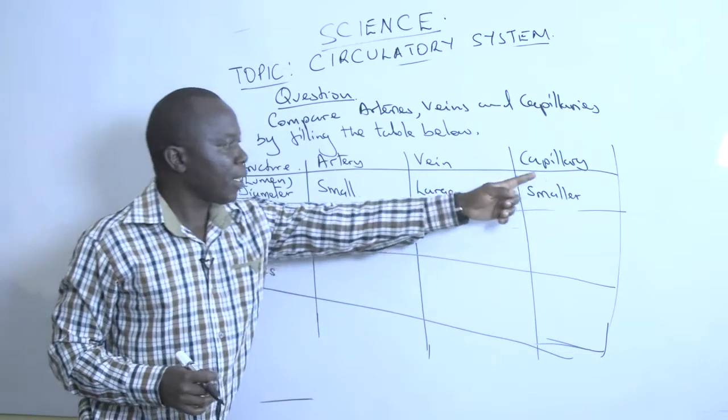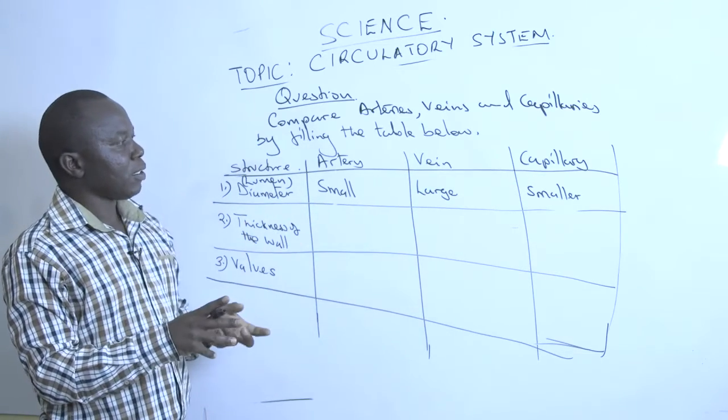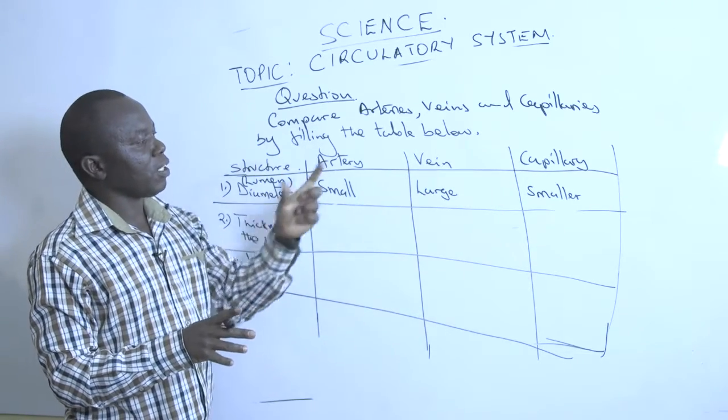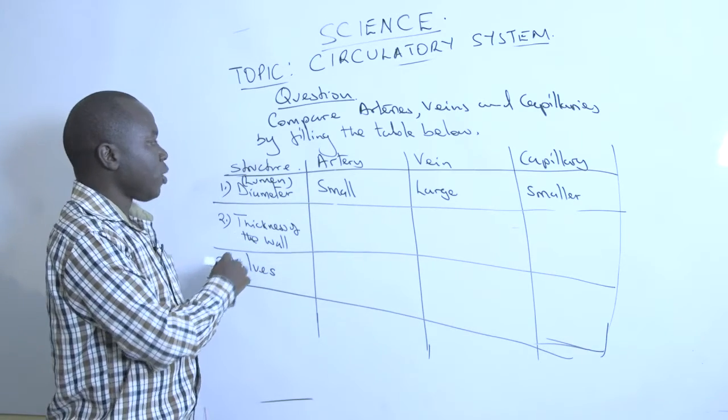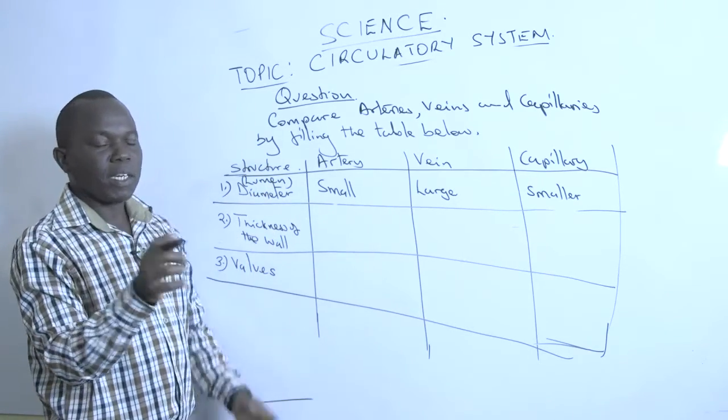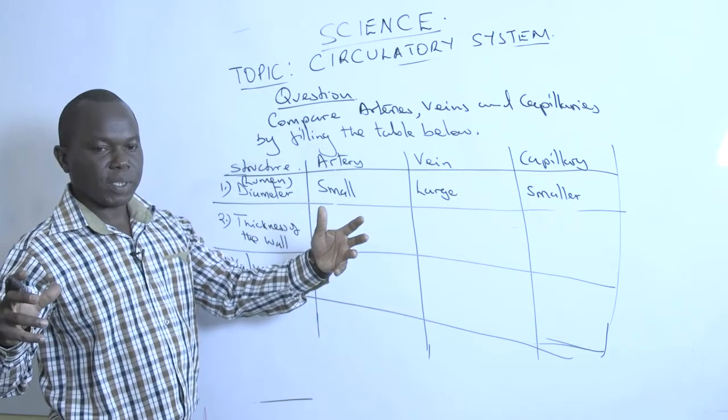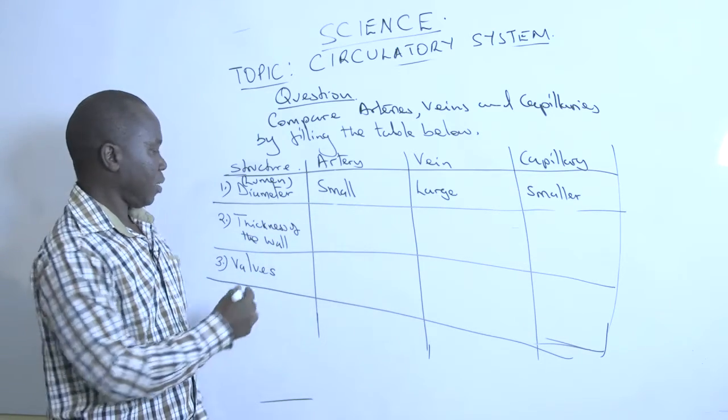And then capillary, being the smallest, and for it to act as a site for gaseous exchange, will have the smallest lumen. So again, to increase pressure for filtration of materials out of the capillaries.